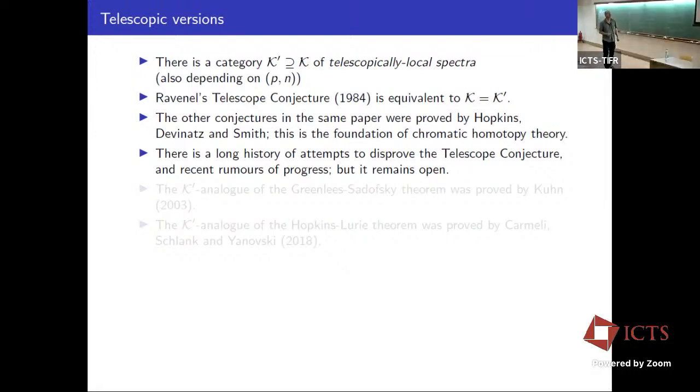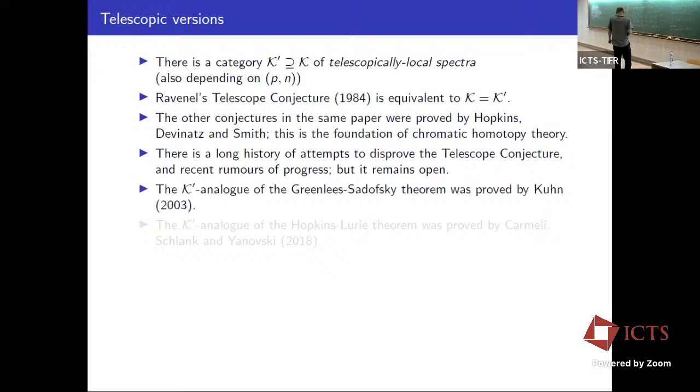I have heard people spreading rumors recently that maybe some people may be able to disprove it, but well, we'll see. But anyway, because we don't know whether K is equal to K prime, if we prove theorems for curly K, then we don't know that they're proved for curly K prime.